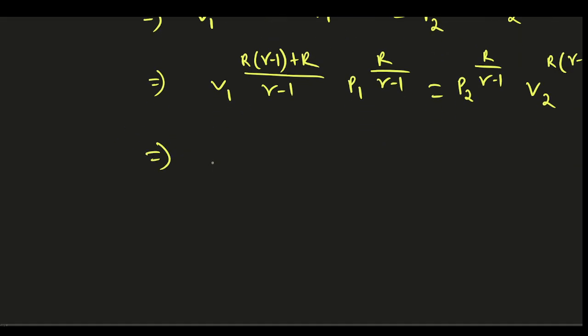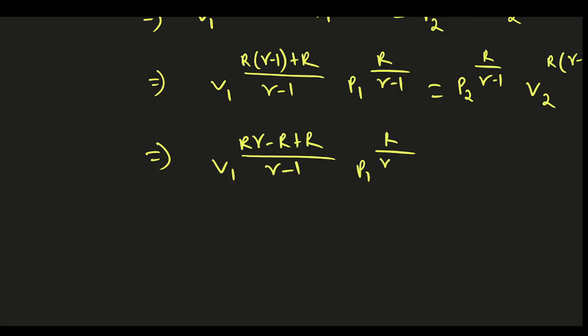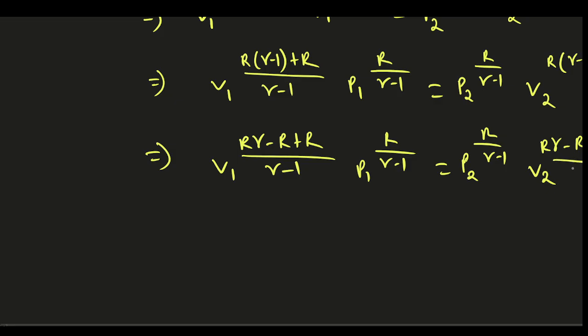So what value we get, B1, this will be R plus R gamma minus R equal to gamma minus 1. P1 is R by gamma minus 1, P2 is R by gamma minus 1 and B2 is R plus R gamma minus R by gamma minus 1. Okay, so I just add it, and this cancels, here also this cancels.